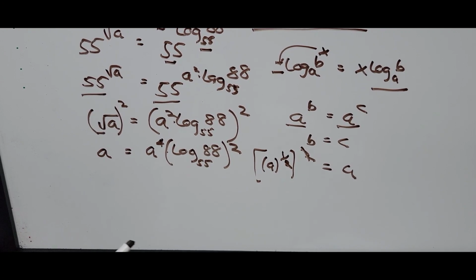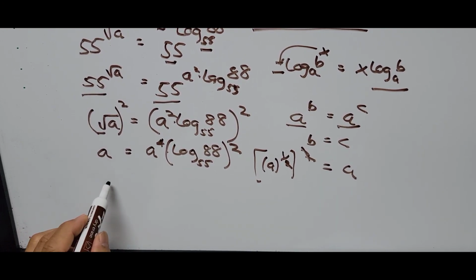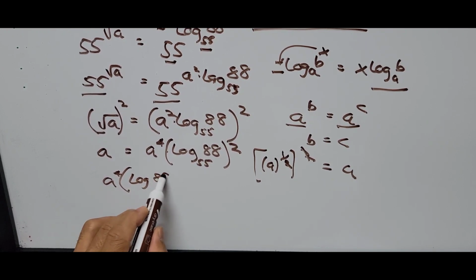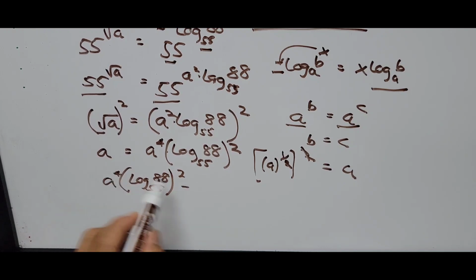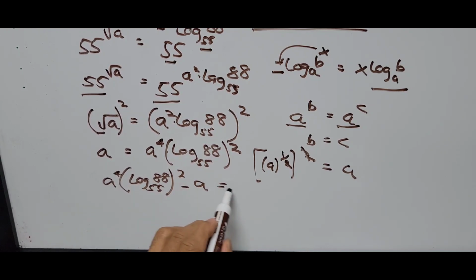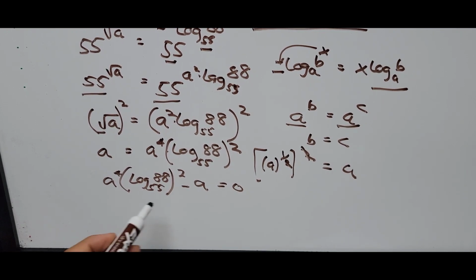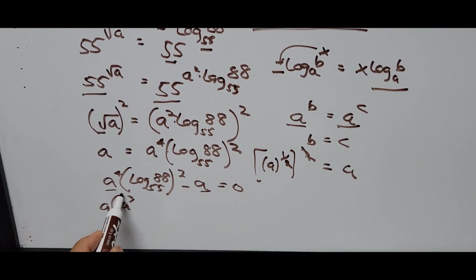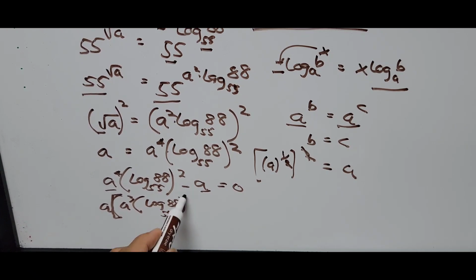And arranging the terms of the equation, that is now a to the 4th power times the logarithm of 88 to base 55 squared minus a equals 0. And from here, factoring out a, it will become a times the quantity a cubed times the logarithm of 88 base 55 squared minus 1 equals 0.